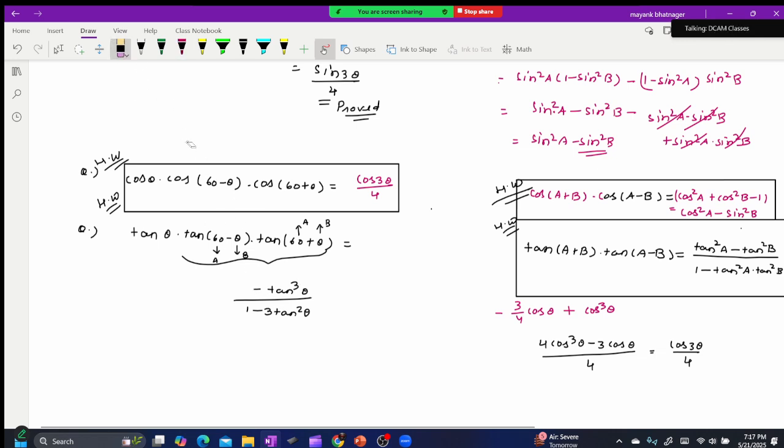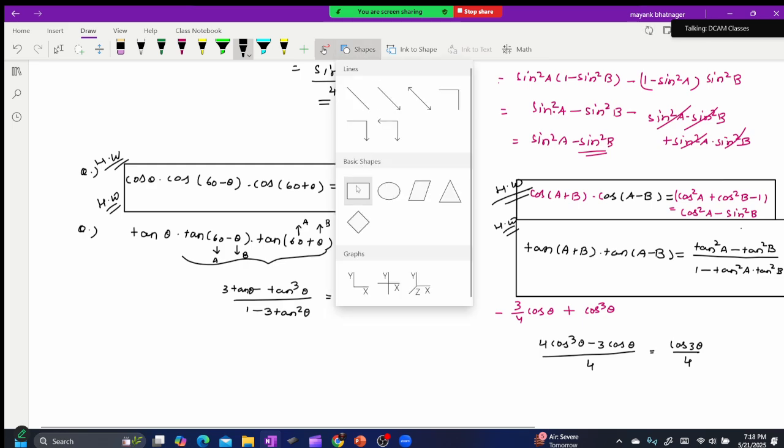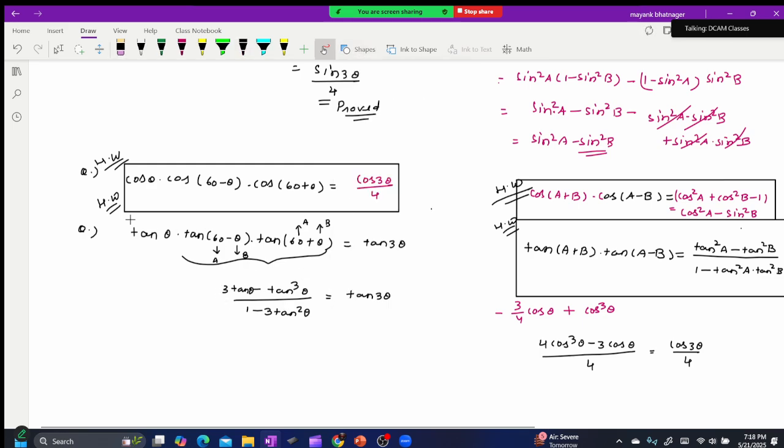Chama, you're doing something wrong here. Sorry, sir. Forgot to tell you that. 3 tan theta, na? So it will be actually tan 3 theta. Because 3 tan theta minus tan cube theta by 1 minus 3 tan square theta is actually tan 3 theta, right? That's why. This formula also you have derived.